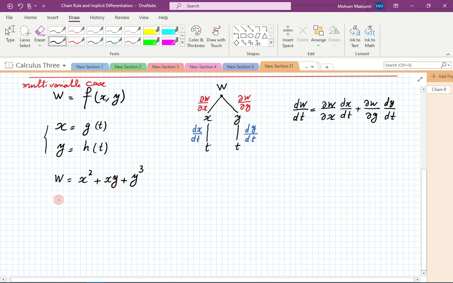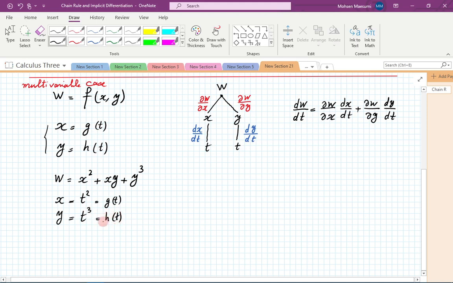And to keep the problem simple, let's make the next level g and h very simple functions so that we don't get bogged down with too much algebra here. So x is t squared, this is our function g here, and say y is t cubed, and that one we named h.